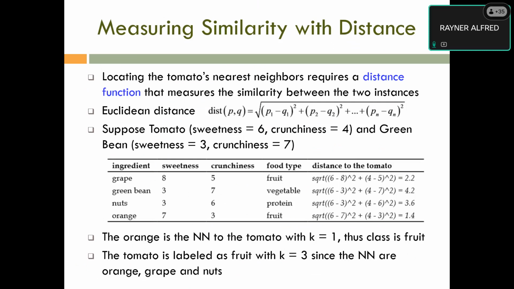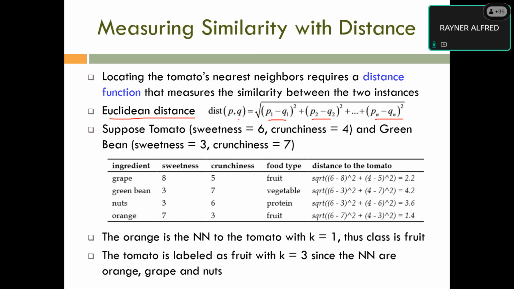In the previous slide we were looking at the tomato. How do we compute the distance between two items in our data set? This is the Euclidean distance, where we look at the differences of all the items in the vector, take the square, add up all of them, and take the square root.